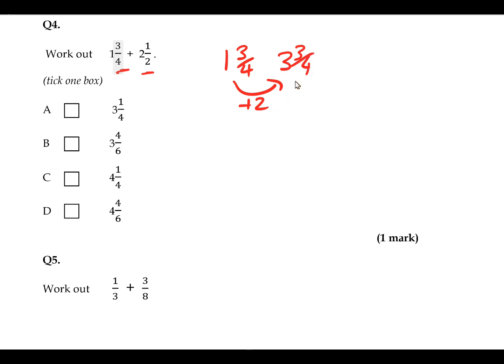Now, if we add half an hour to 3:45, if you're thinking of your clock face, you end up at 4:15, or 4 1/4 with respect to our fractions. So the correct answer is C, so tick box C, which is 4 1/4 for 1 mark.